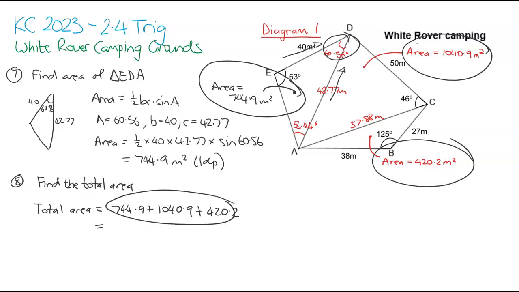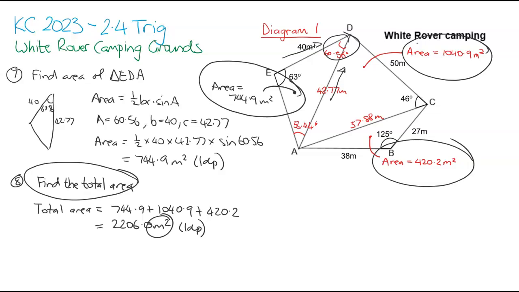And putting all of that in my calculator, that tells me my total area is 2,206.0 meters squared. And my rounding was 1 dp, and that was from previous rounding choices. And again, I've stated my three things. I've got what I'm calculating, I've got my units, and I've got my rounding.